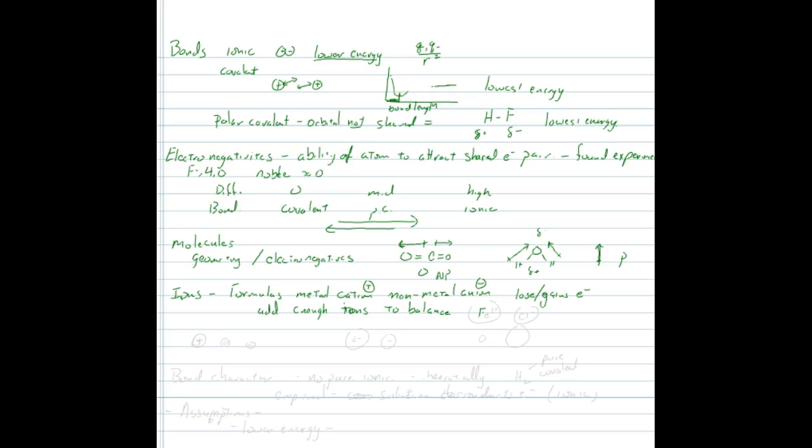Say you have an iron 3 plus and a Cl 1 minus, you need 3 Cls to join together.